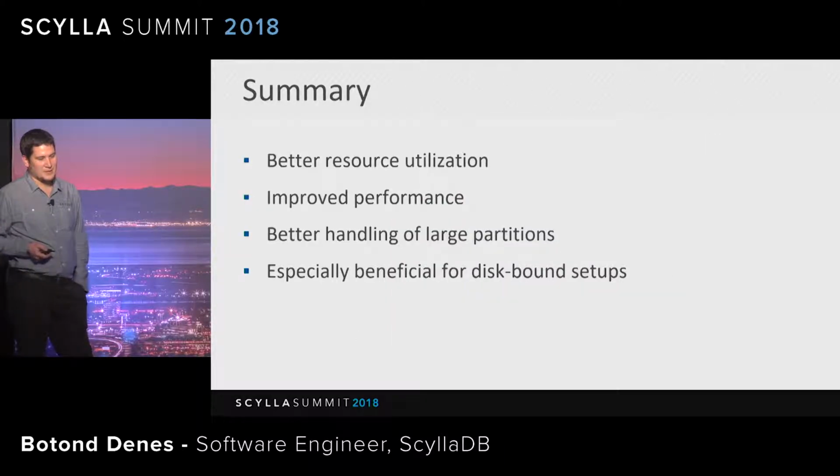So in summary, stateful paging delivers on providing better resource utilization, especially on reducing disk access. It improves the throughput. It improves the handling of large partitions, which was for a long time a pain. And it's especially beneficial for disk-bound setups.